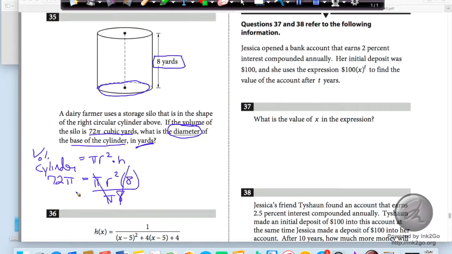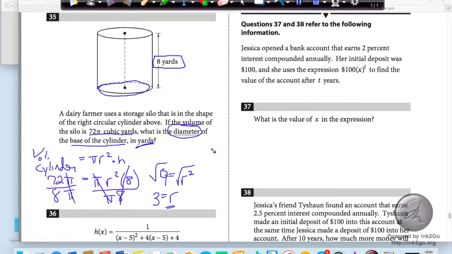Pi over pi cancels out to be 1, and 72 over 8 equals 9. When simplified, I get 9 equals r squared. If I take the square root of both sides, I get 3 equals r. This is great because I need to know the diameter.